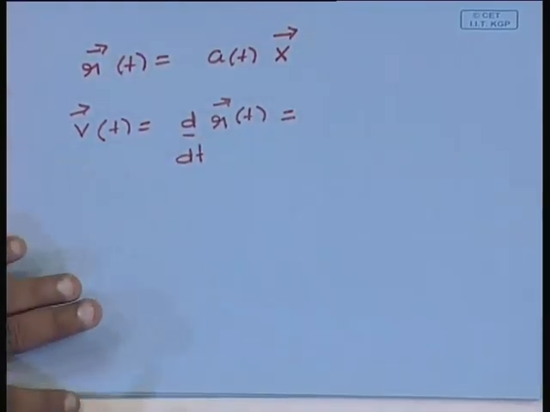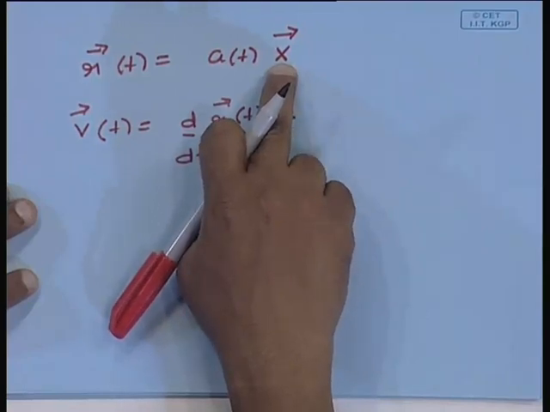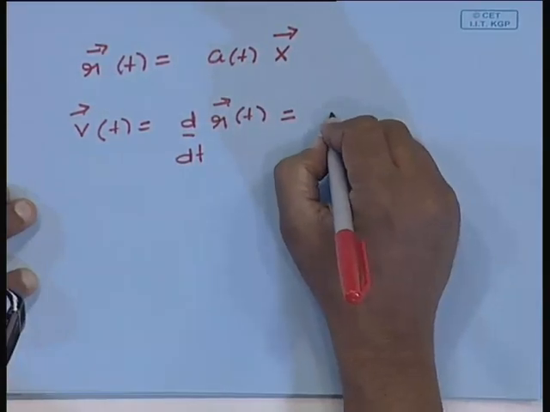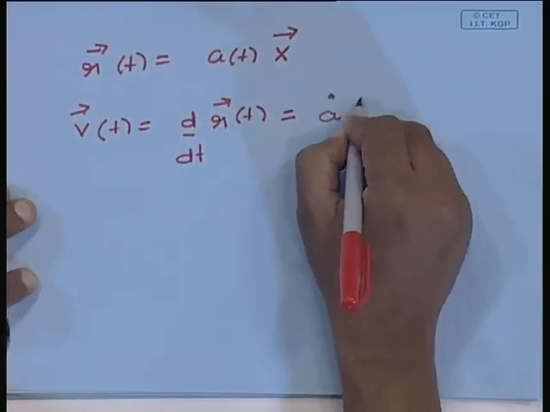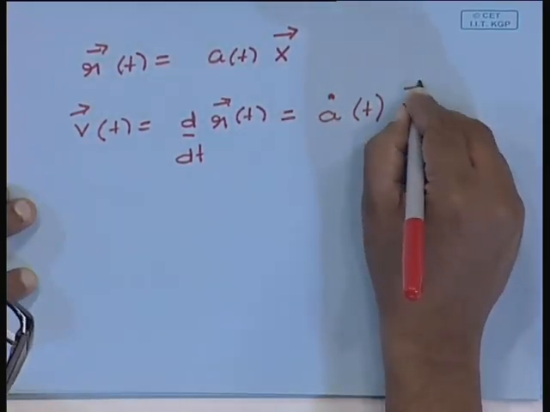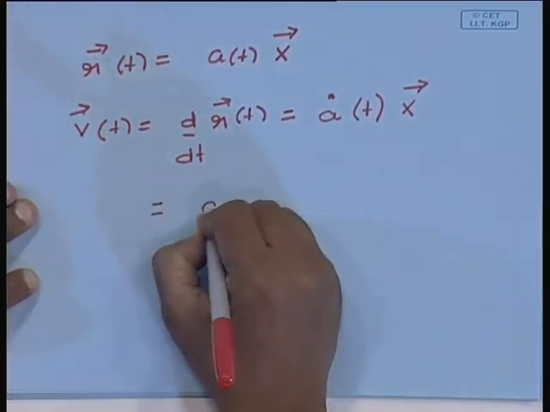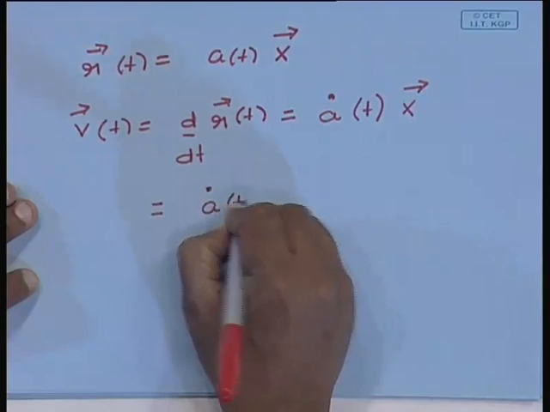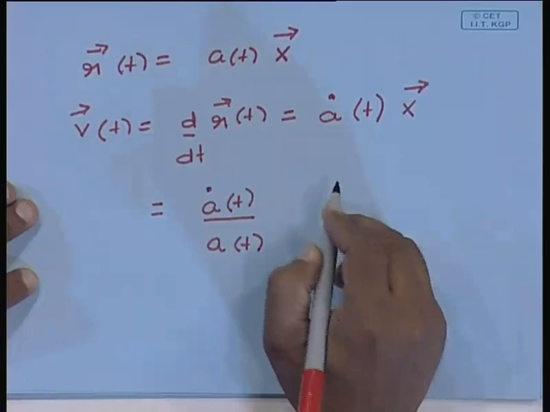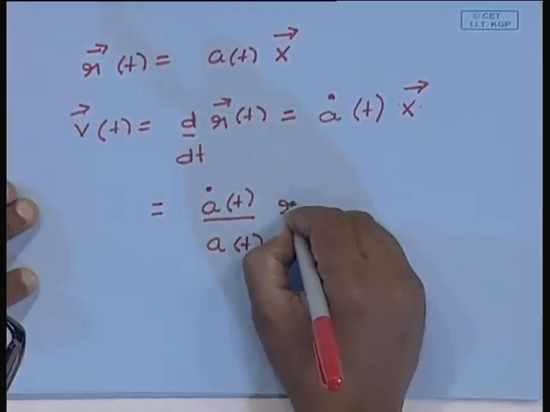As the universe expands, the comoving coordinate of the galaxy does not change, but its scale factor changes. So, we have a dot, the time derivative of a, times x, and this can be written as a dot by a times a times x, and a times x is R.